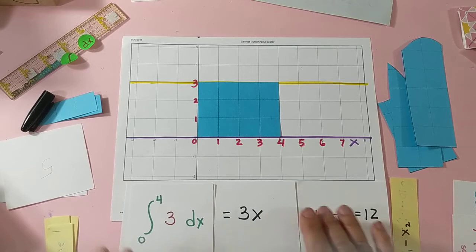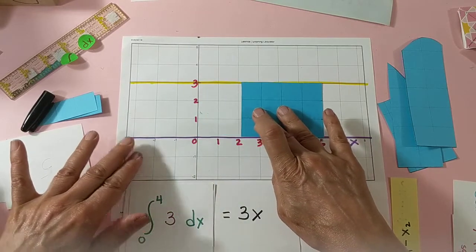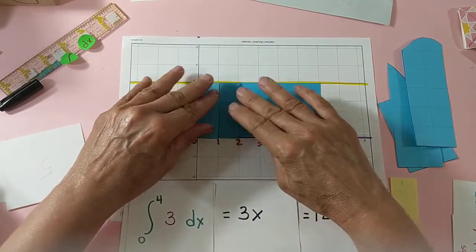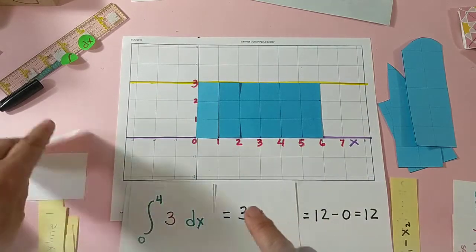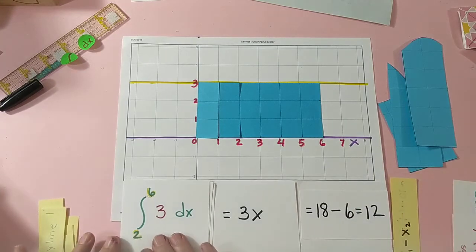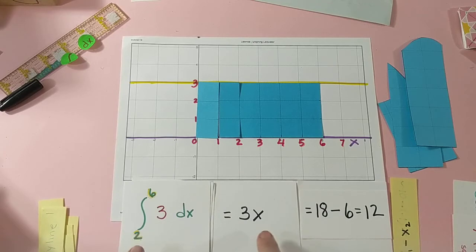And this will work for any set of boundaries. It doesn't have to be 0 at the lower boundary. I could say that I want my boundaries to be between 2 and 6. Here it is, between 2 and 6, and it becomes a different subtraction problem. 3 times 6 is 18. 3 times 2 is 6, and now my area is 12.